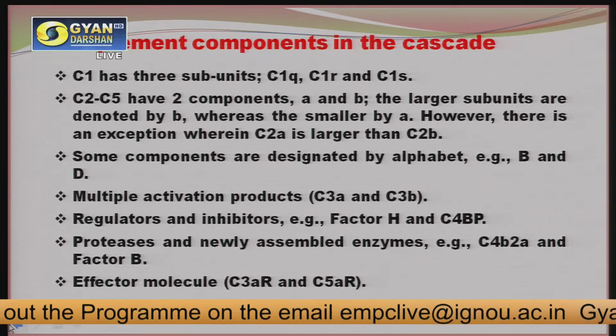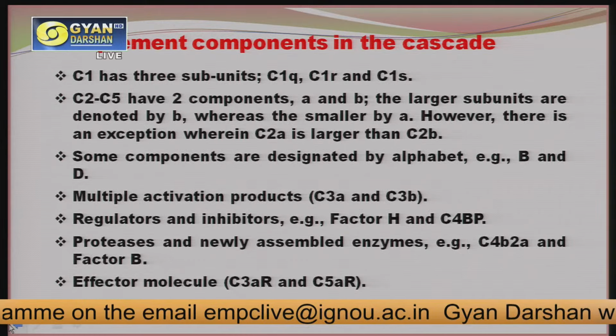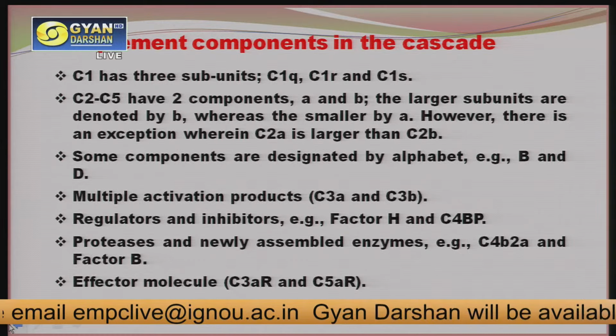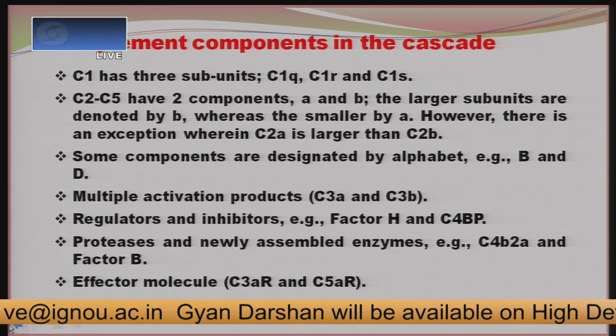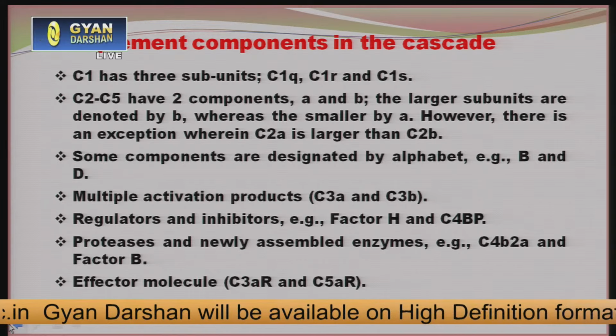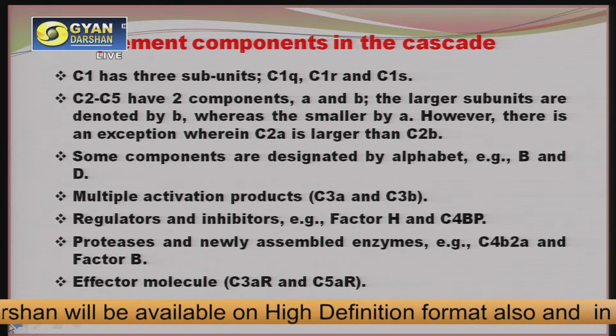Among the complement components in the cascade, C1 has 3 subunits: C1q, C1r, C1s.